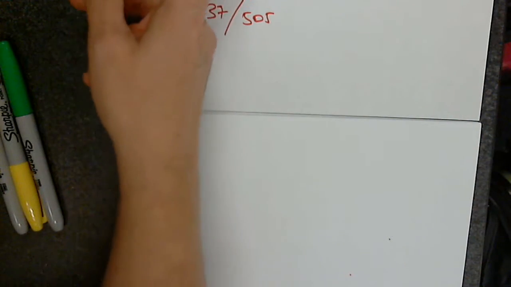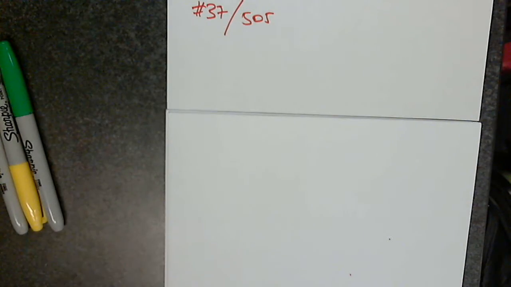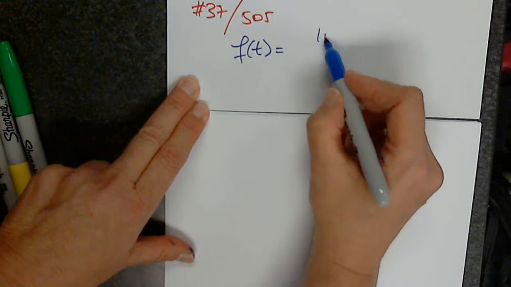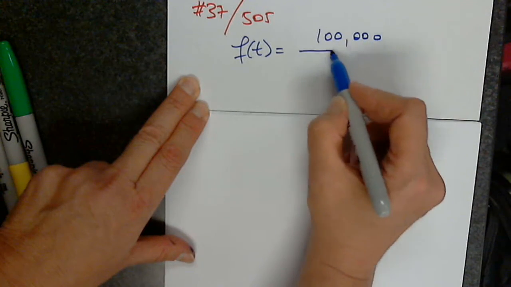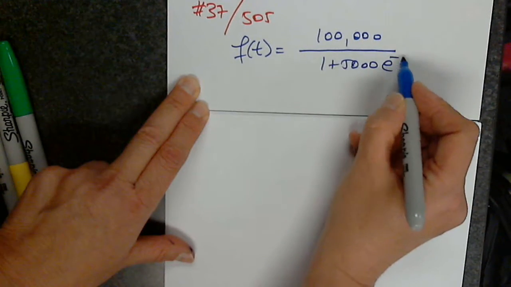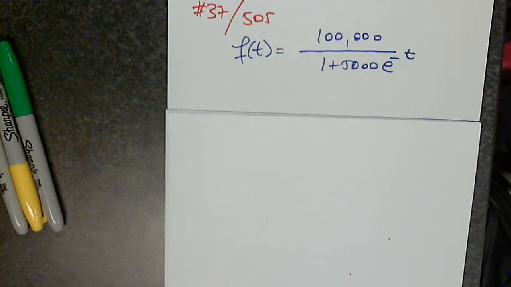You have to remember these two. They will be given to you, however. The logistic growth function is given by f of t equals 100,000 divided by 1 plus 5,000 times e to negative t. As you see, it is indeed a sophisticated function.